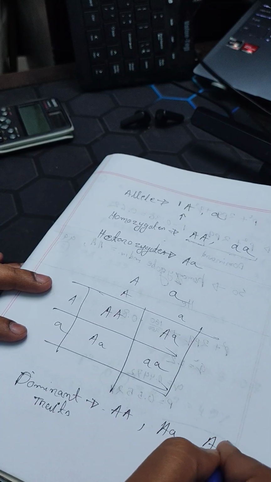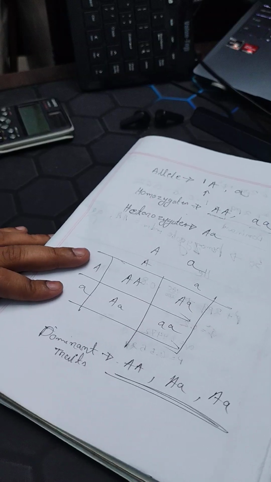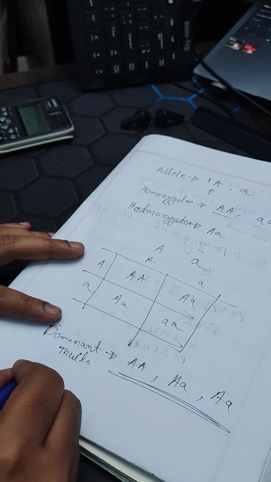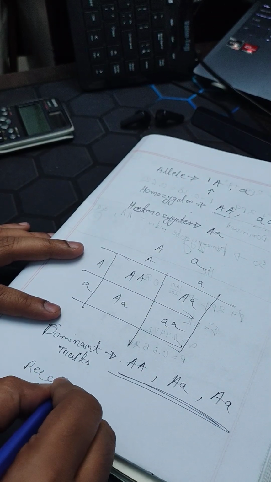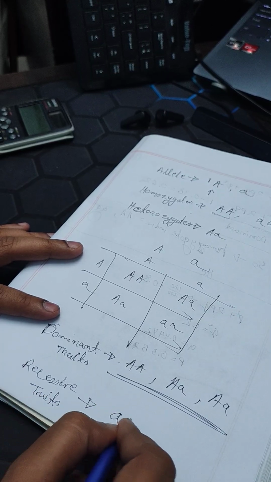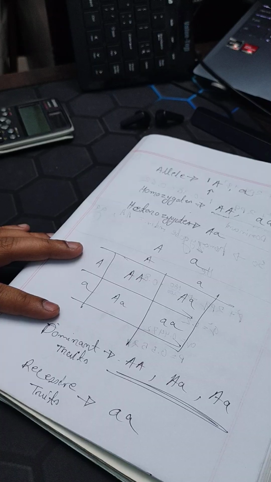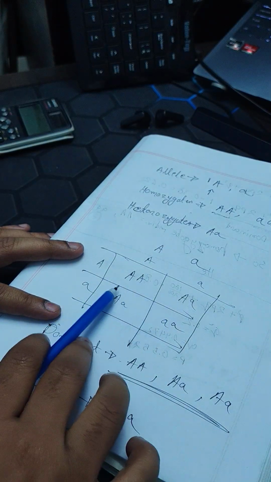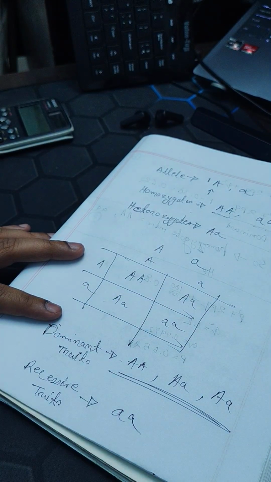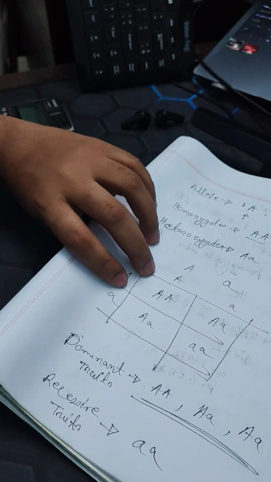AA, Aa and aA will result in the dominant trait, and the recessive trait will be aa. So you are seeing here that the possibility of having the dominant trait is greater than the recessive trait.